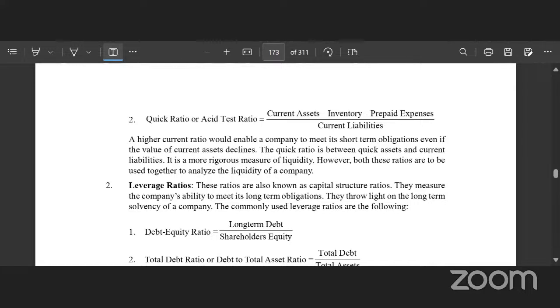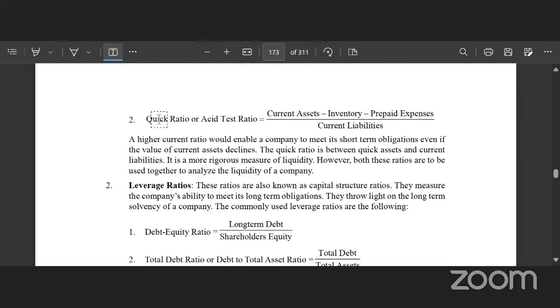Though it is good, you should analyze or diagnose the company in knowing how and why the company was able to keep higher current assets than current liabilities. So keeping a higher current ratio is good, but it should not be too high, because the higher current ratio might be because of a higher amount of idle cash or a higher amount of inventory. Right?